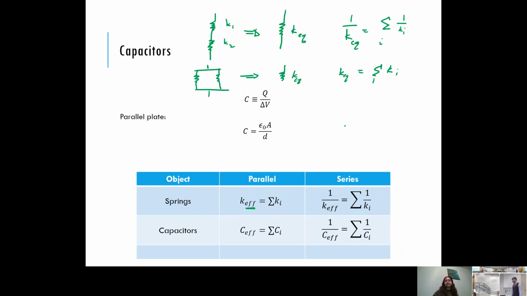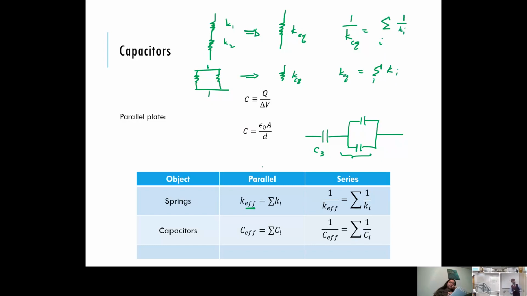And you can run into situations where it's a combination of them. So you could start off with a capacitor. I'll draw it sideways here. And then maybe you get a choice. Something like this: you have two capacitors that are in parallel with each other, but then they're in series with a third capacitor.